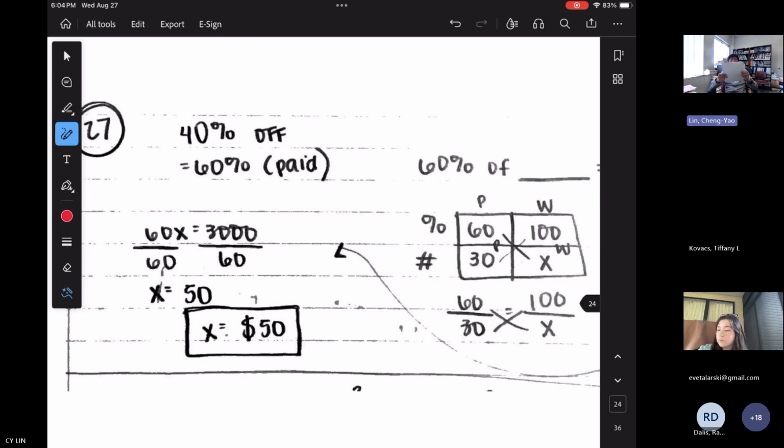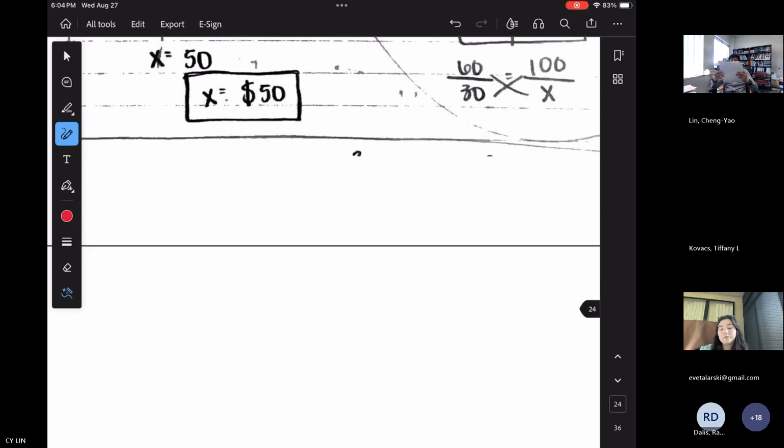If you pay $30 for a garment on sale for 40% off the original price, what was the original price? What does the 40% off mean? Do you pay 40% or 60%? 60%. You are not paying 40%.